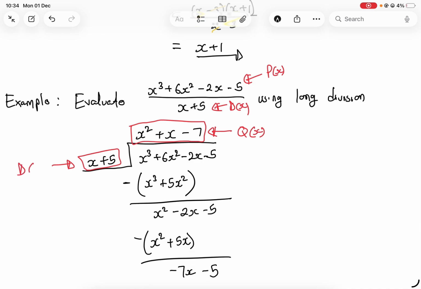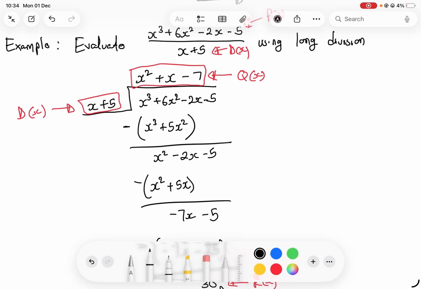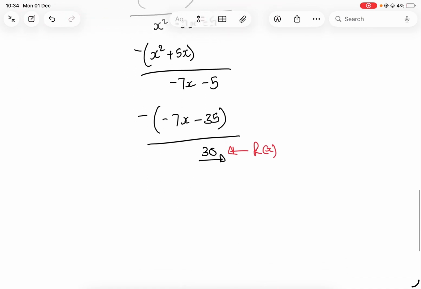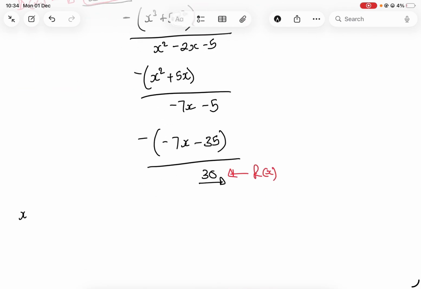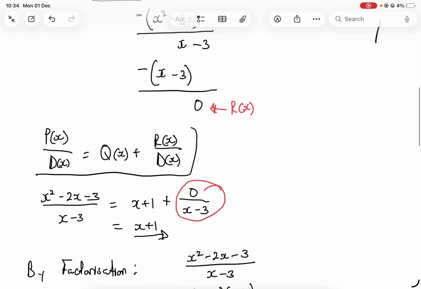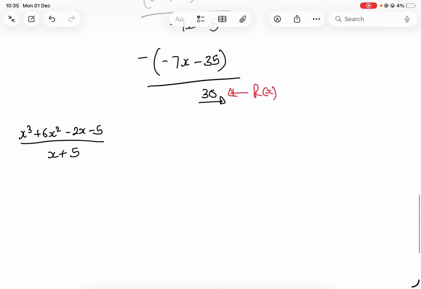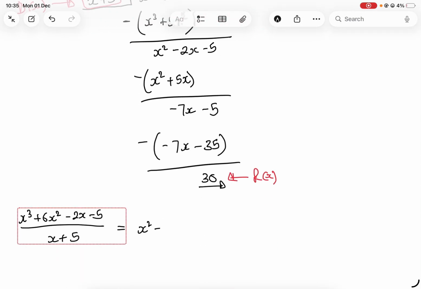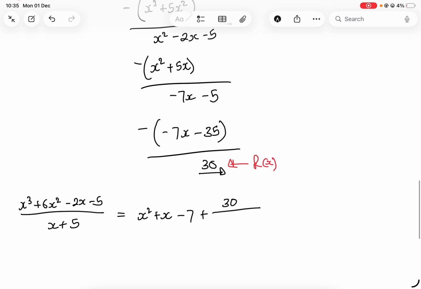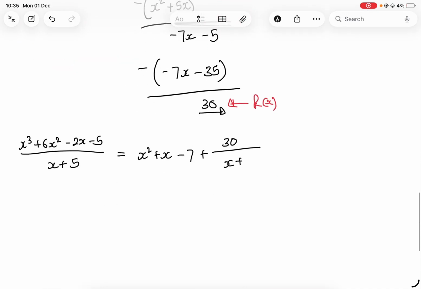My divisor hasn't changed still, d of x. Okay, so now, which means x cubed plus 6x squared minus 2x minus 5 all over x plus 5, using this formula here, yielded an answer of q of x, it's x squared plus x minus 7, plus my r of x is 30 all over my d of x is x plus 5.